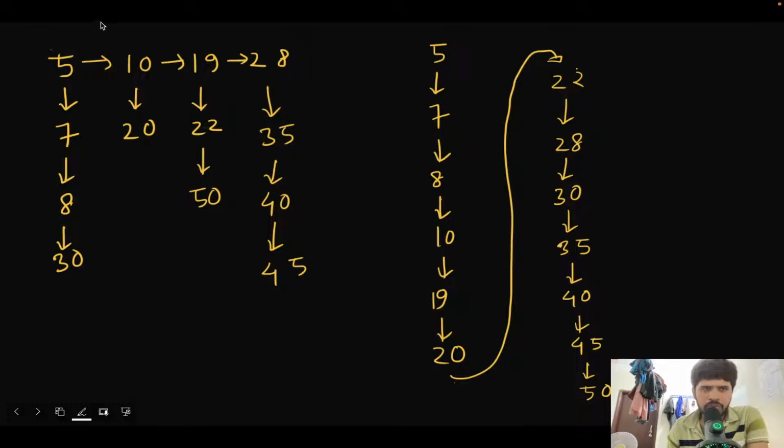For every node we have 2 parts: data, next, and bottom. With the bottom we can move to this linked list, and with the next we can move to this node. We have to flatten this linked list something like this: first 5, then 7, then 8, then 10, 19, 20, 22, 28, and so on. So we have to flatten this linked list.